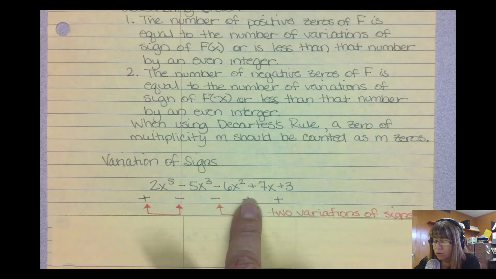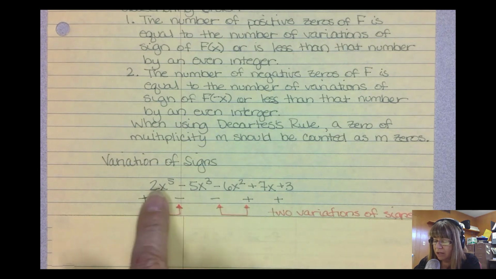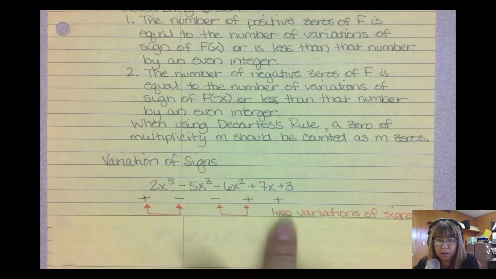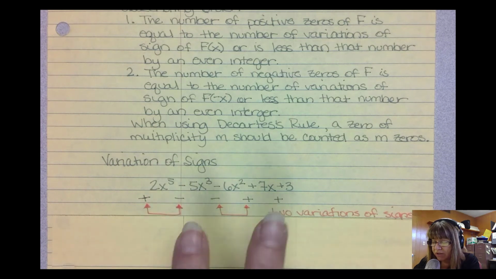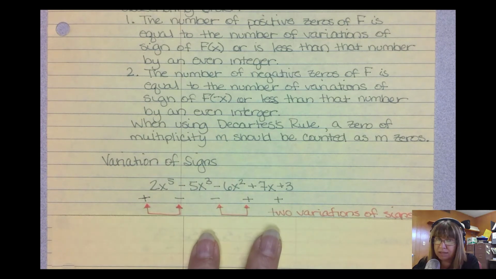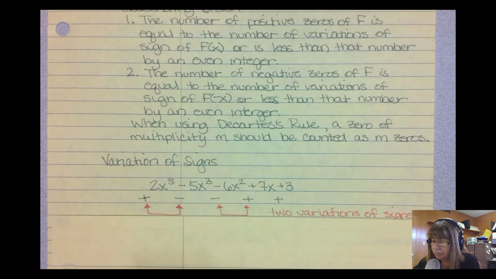A negative to a positive, that's another variation. So this polynomial has 2 variations. So using the Descartes rule of signs, we either have 2 positive zeros of our polynomial, or we have 0 positive zeros.